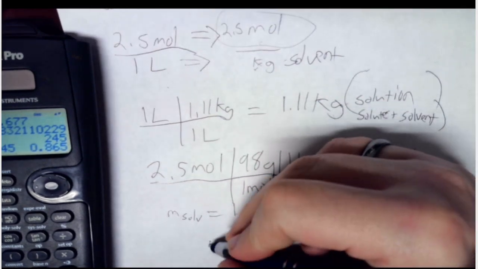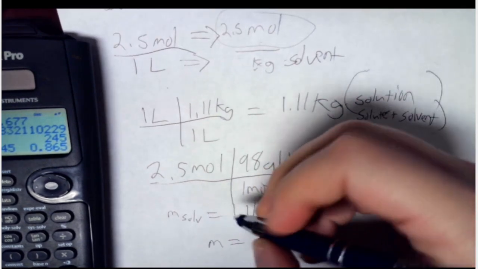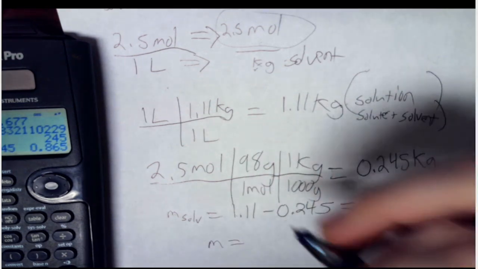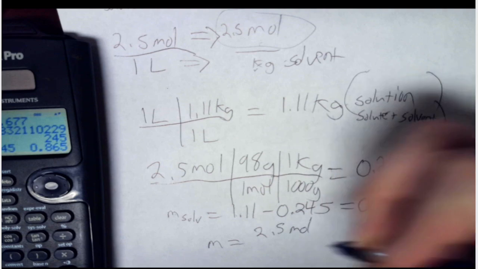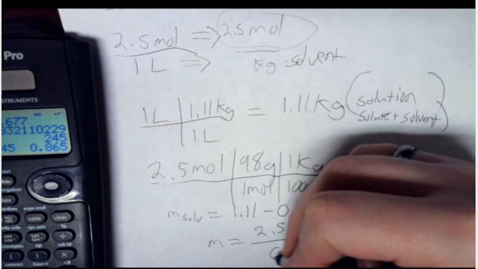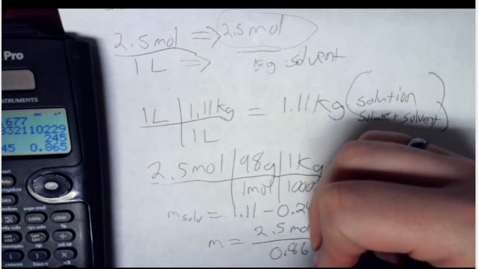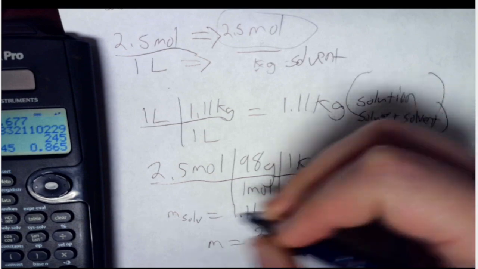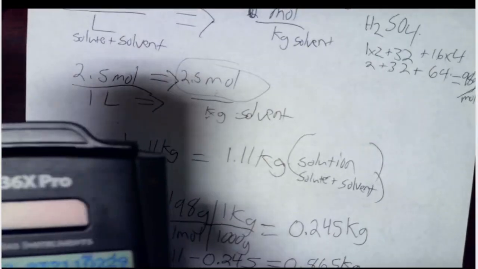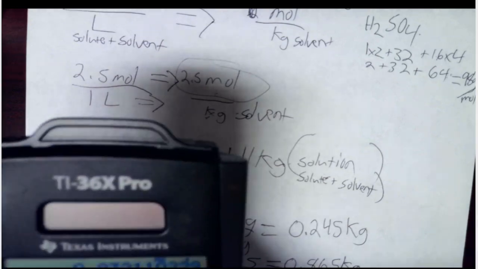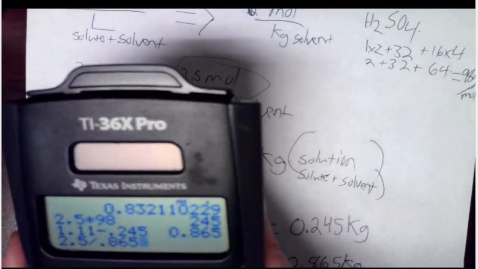So our molality is going to be equal to 2.5 moles divided by 0.865 kilograms. So 2.5 divided by 0.865.